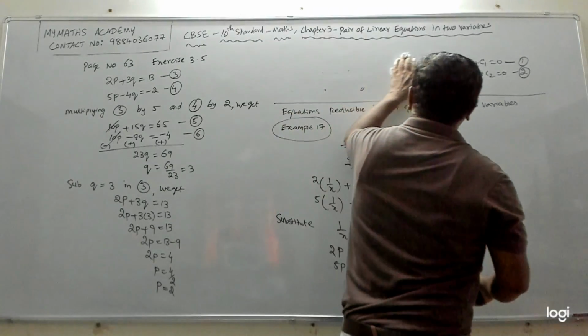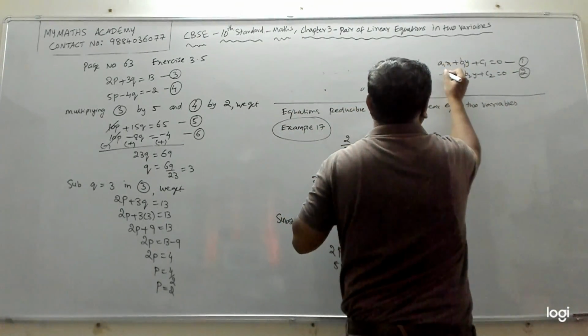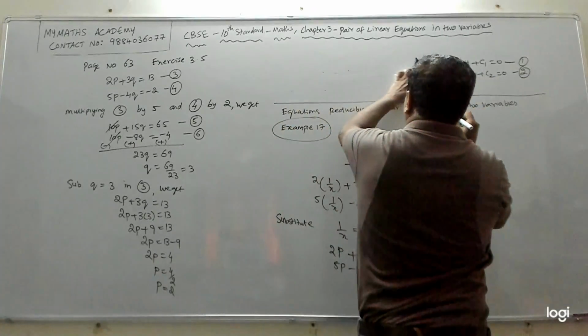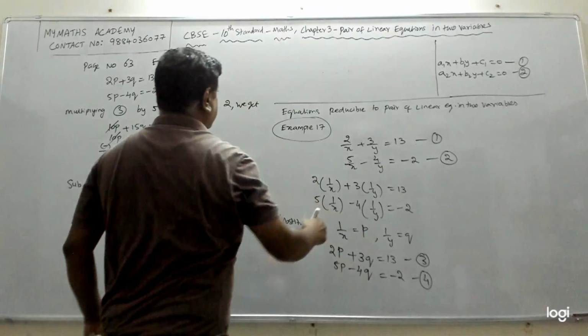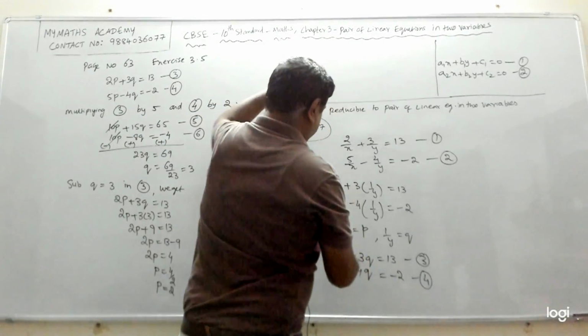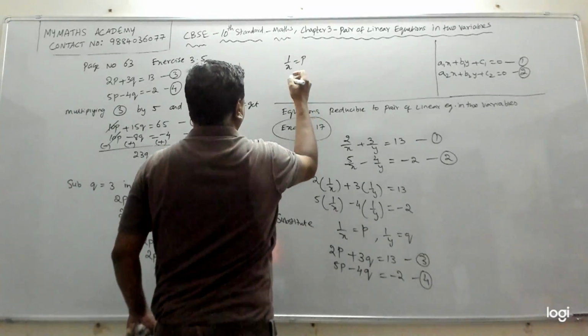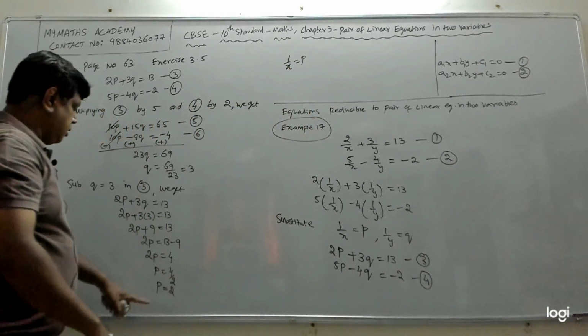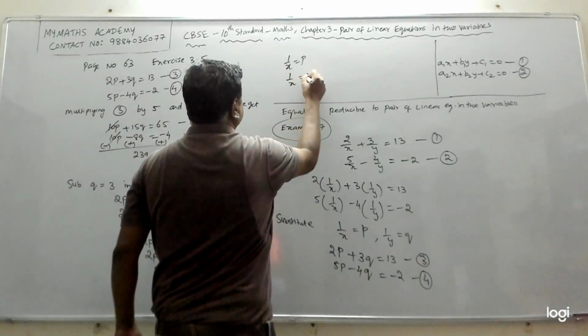Now finally we are supposed to find the value of x and y. Now let's take this one. 1 by x is what? 1 by x is p. And what is the value of p? P is 2. Substitute p as 2. So you will get 1 by x is equal to 2.